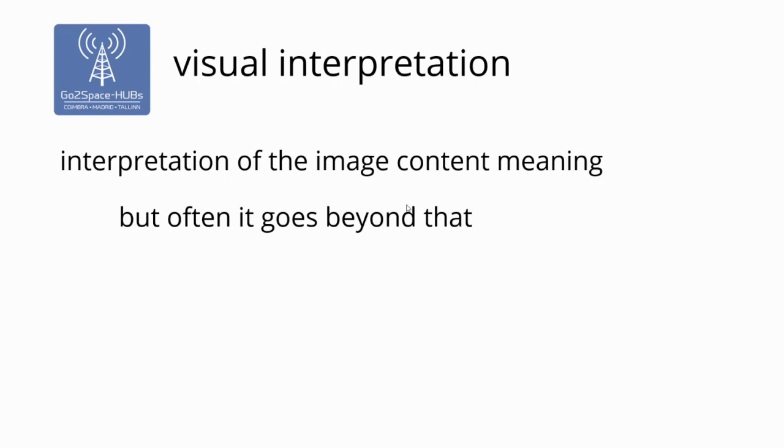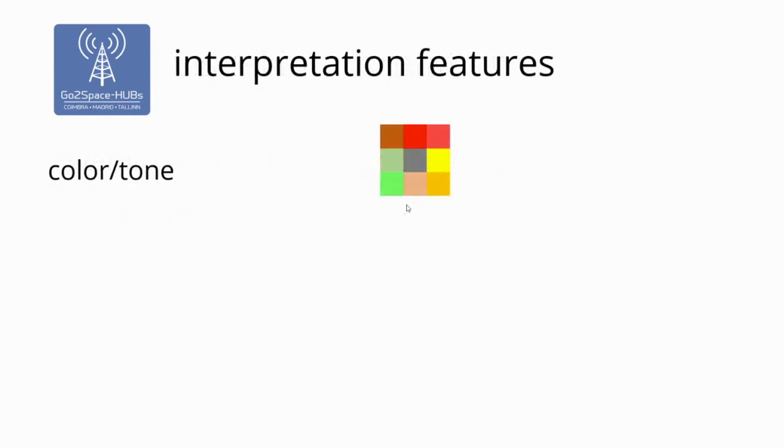We take some external knowledge to make this interpretation better, more accurate. We use something called interpretation features. Of course, you probably know this, but sometimes it's very helpful to analyze what we can actually see, how we can say that that's a road, a building, the forest, or whatever.